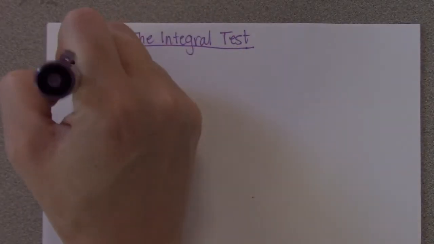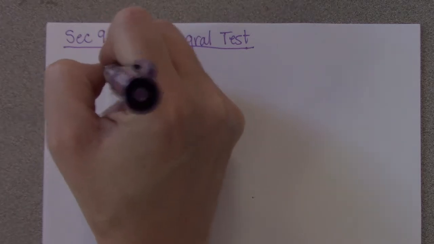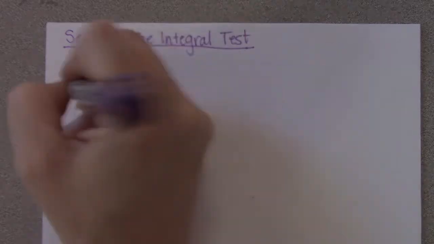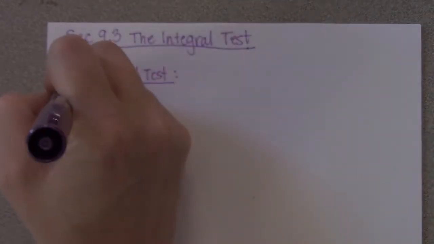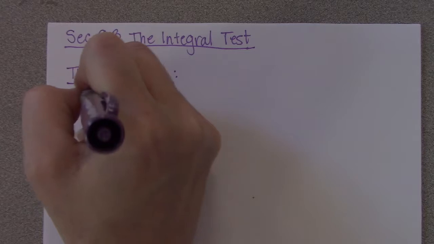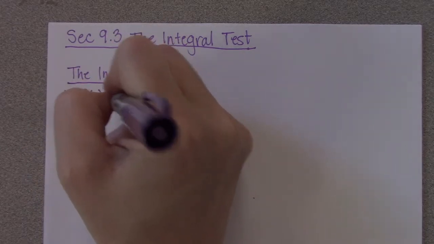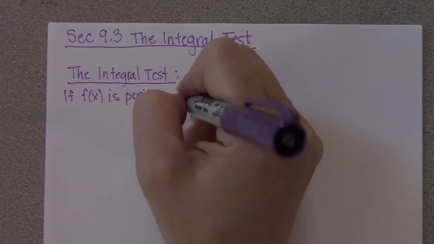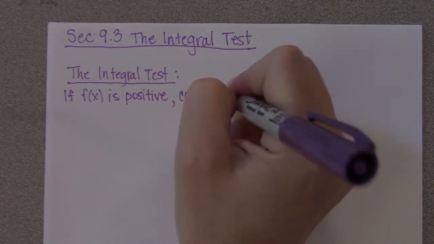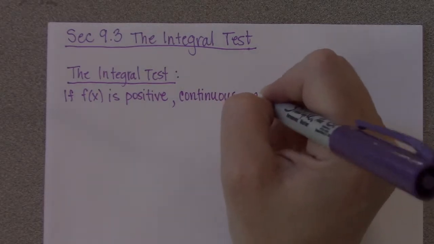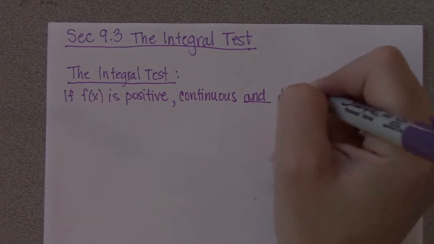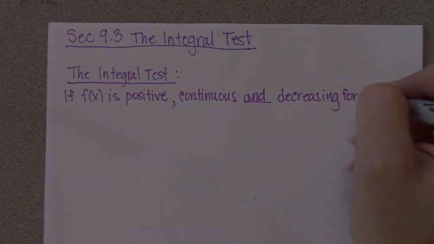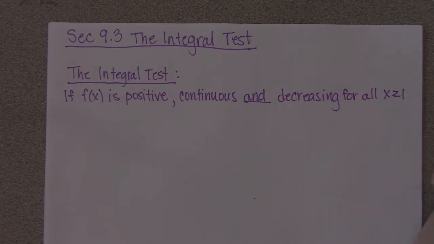So for the integral test, there are some conditions that must be true in order for it to apply. First of all, your function has to be positive, it has to be continuous, and it has to be decreasing for all x greater than or equal to 1.